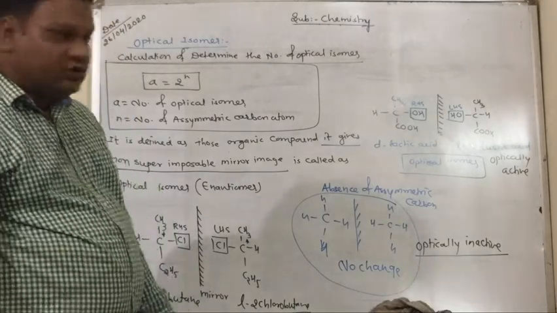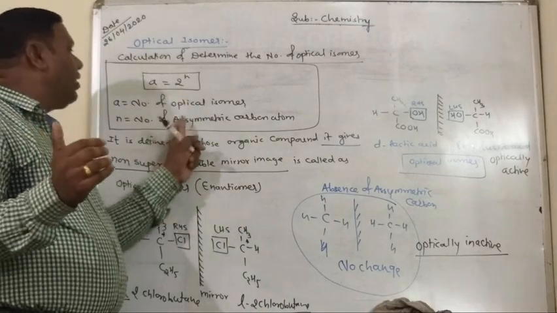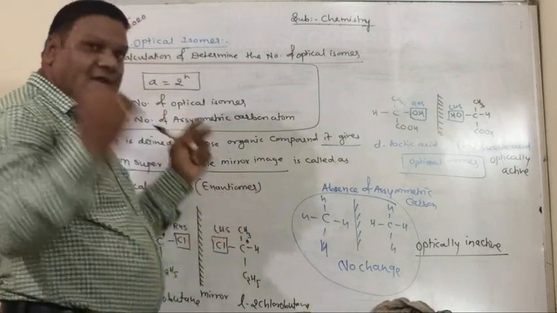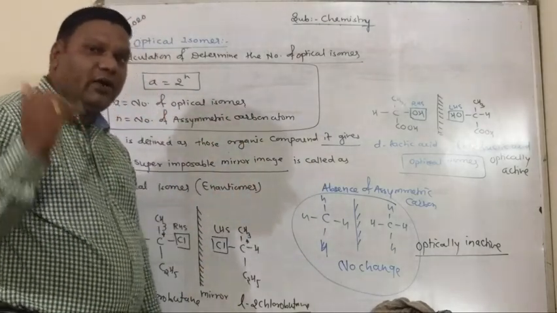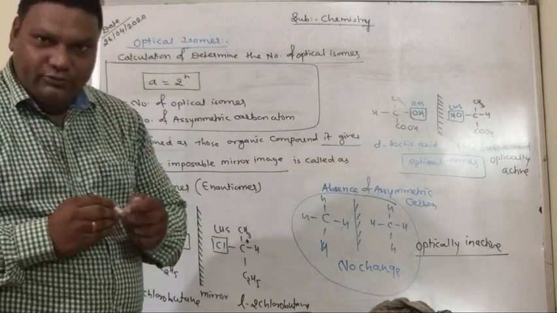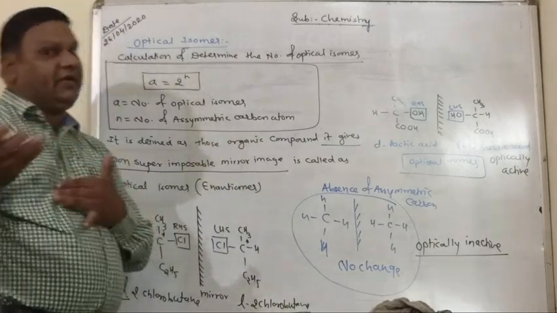Is it clear, madams? So it depends upon the number of asymmetric carbon atoms. This is a very simple formula to determine the number of optical isomers present in the given organic compound. So the given compound contains how many asymmetric carbon atoms?